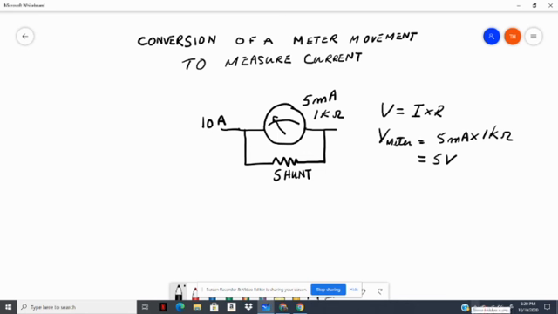So we can write that R shunt is equal to the V meter divided by the I through the shunt.